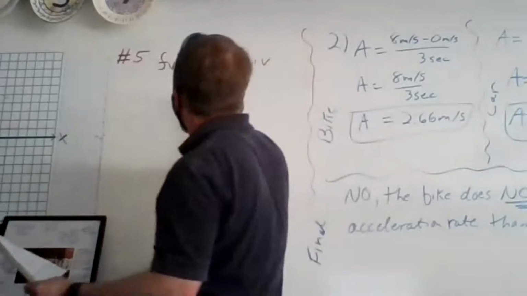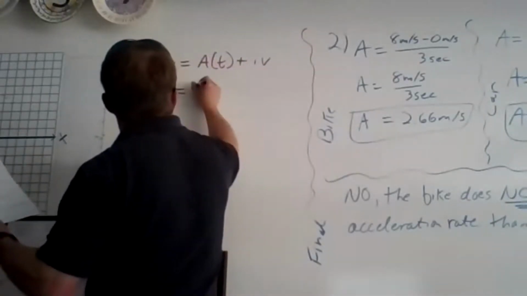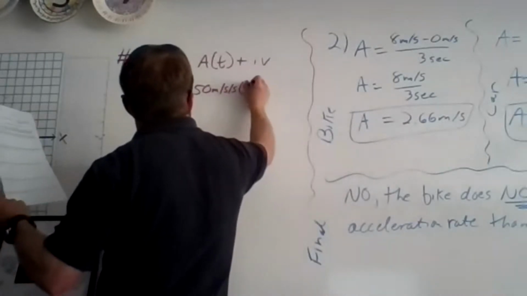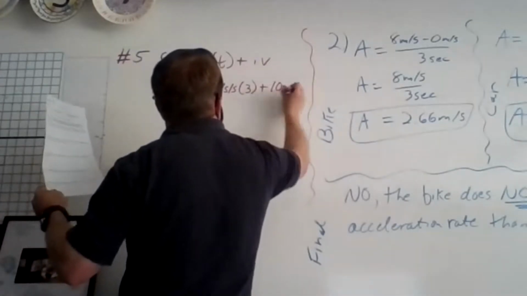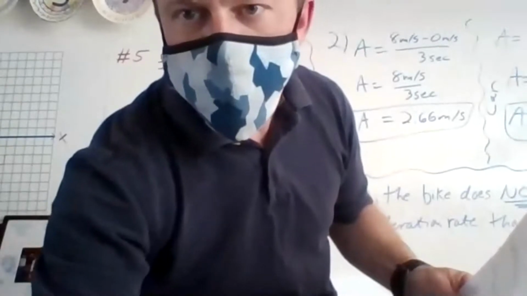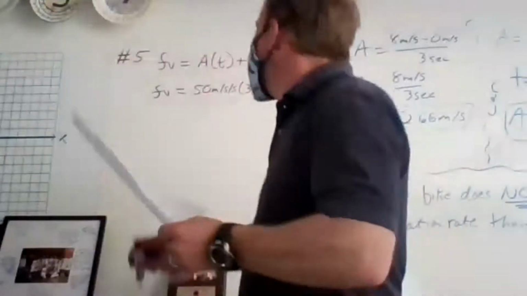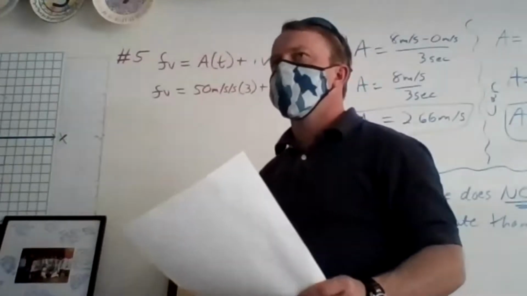Okay, so it's FV equals 50 m/s/s times 3 seconds plus 10 meters per second. So let's do this. What's 50 times 3? 150.